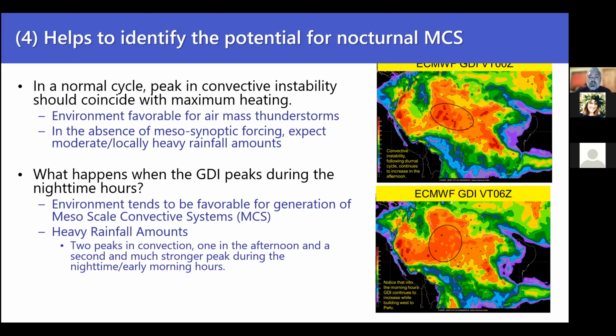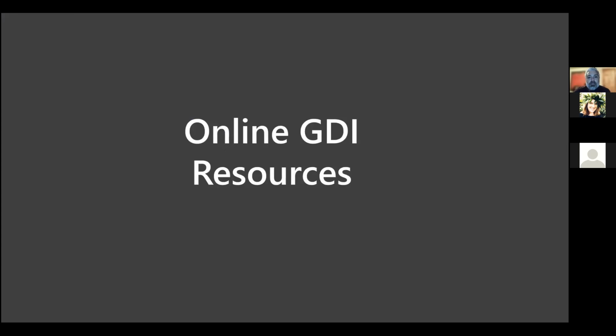So you also want to keep that in mind, especially since most of you live in the Pacific, which has a lot of water, and you can have this nocturnal peak in convection. You should pay attention to this. And if you get a chance to look at the European GDI, that works pretty well for that. And these are my last slides.